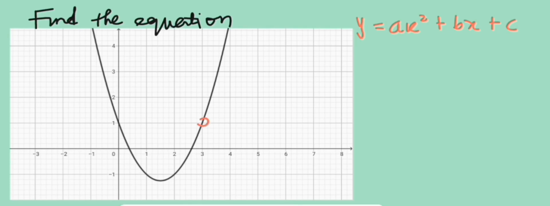Here is 1, that is 3, 1. Here is another one, that is 2, negative 1. We have 1 here which is 1, negative 1, and there is 1 here as well which is 0, 1.